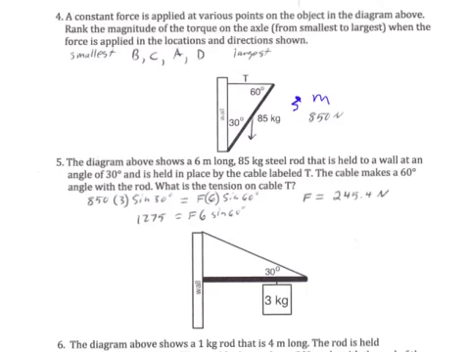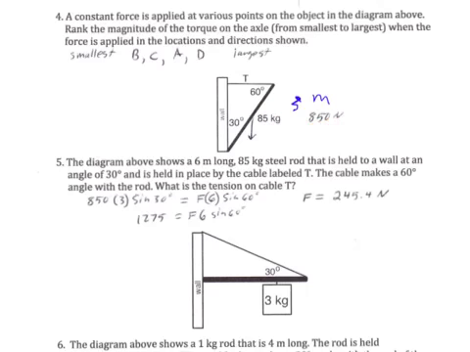And so basically we have a system where one torque is causing it to rotate in a clockwise rotation, and this other torque is causing it to rotate in the counterclockwise rotation, and the two are balanced so the thing's not moving. The torques are balanced. So first we'll figure out what this torque is.